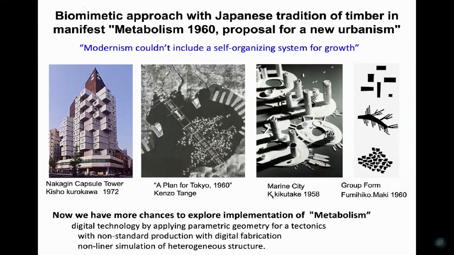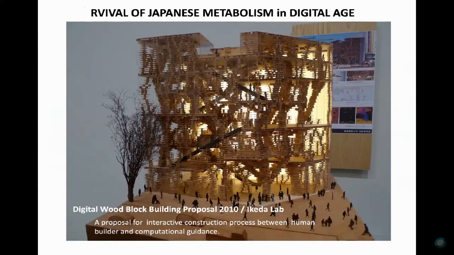We can also apply computing power to simulate and ensure the effect of metabolism in an abundant number of units. So, in that way, this is our idea of the revival of Japanese metabolism in the digital age.